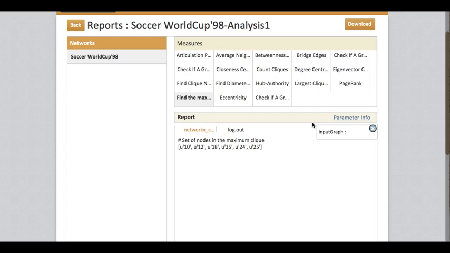Set of nodes in the maximum clique is 10, 12, 18, 35, 24, and 25. 24 and 10 were also special for some reason.